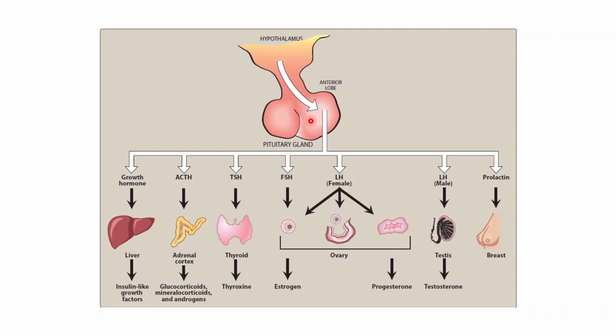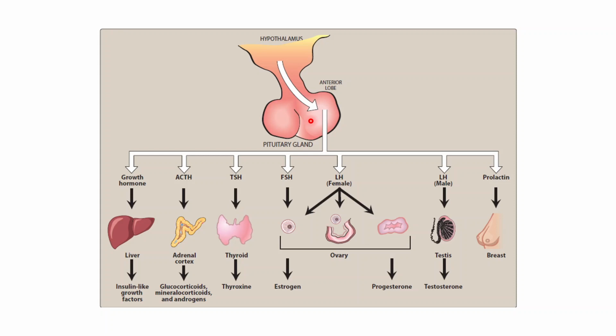So human menopausal gonadotropin (HMG) is obtained from the urine of postmenopausal women and contains follicle stimulating hormone and luteinizing hormone, and also urofollitropin is obtained from postmenopausal women and doesn't have the luteinizing hormone.